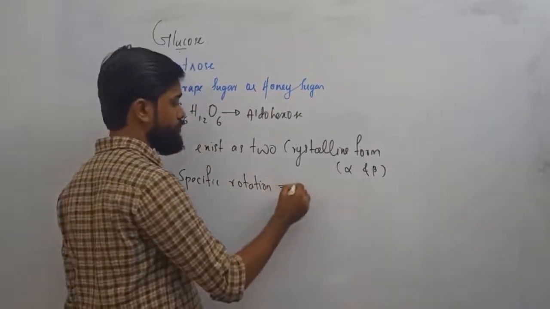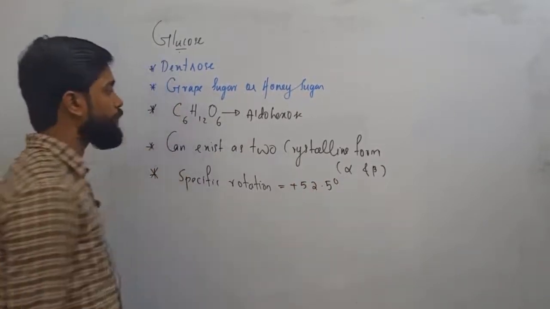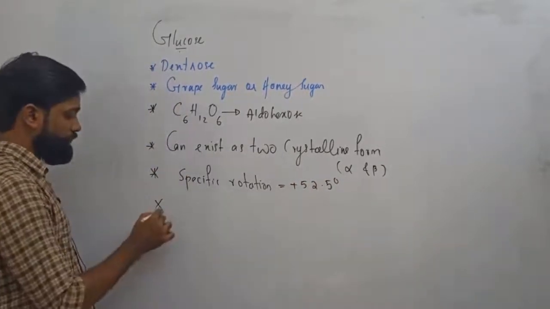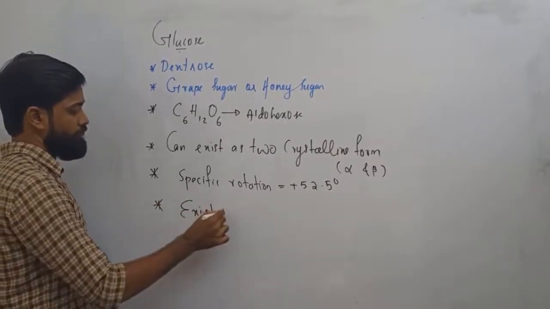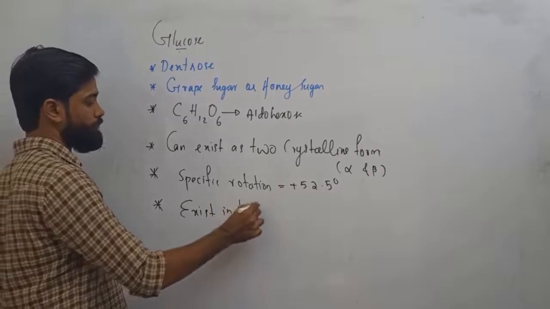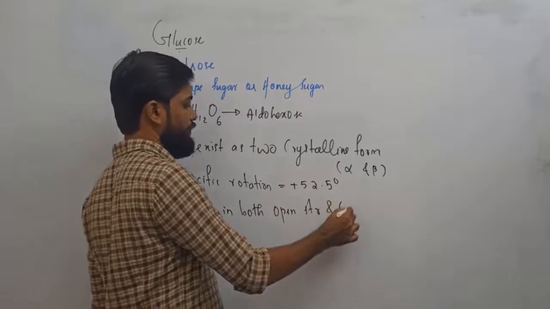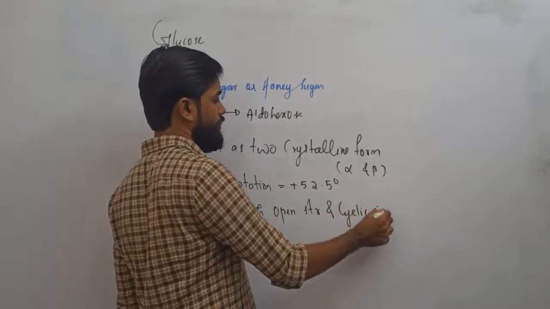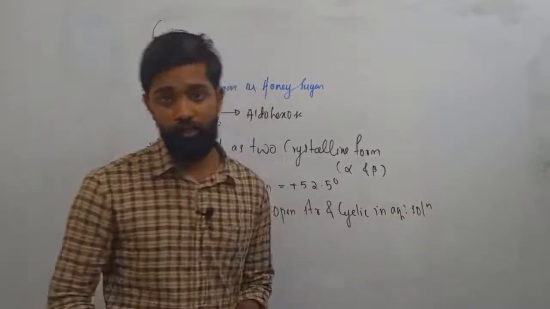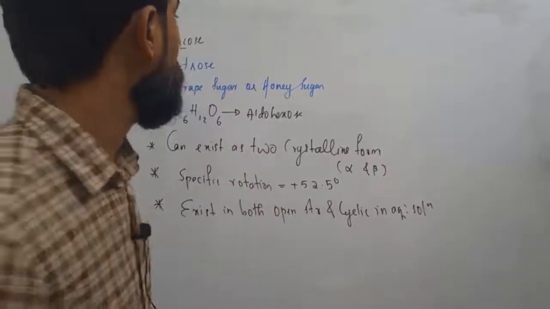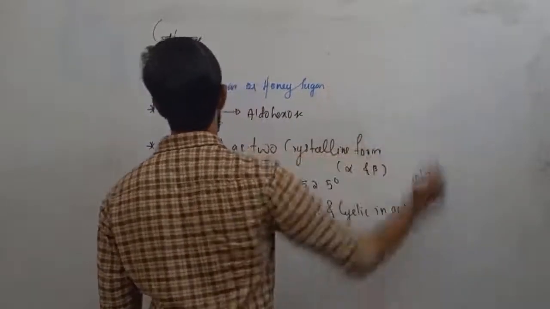Specific rotation in aqueous solution is an equilibrium value of plus 52.5 degrees. Glucose can exist in both open and cyclic structures in aqueous solution. Okay, fine. So that's all about the points regarding glucose.